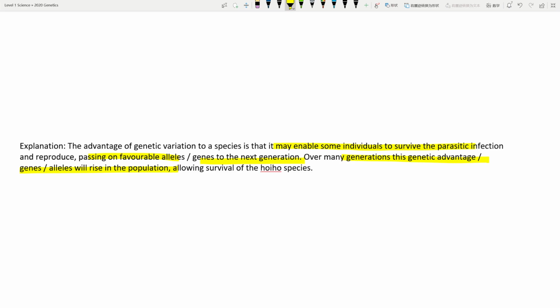So just stick with the couple, don't get too creative. Like I said, I've seen some really creative stuff in the exam booklets, but just stick to your disease. Disease is by far the best advantage to talk about in terms of having genetic variation. With genetic variation, your species is more resilient towards a disease outbreak.